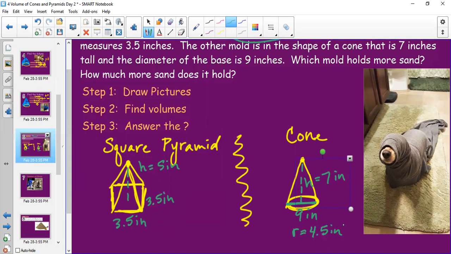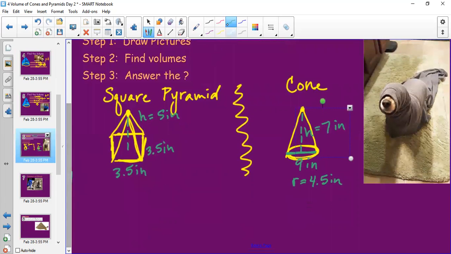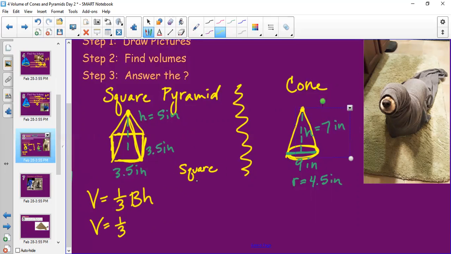Okay, it says which mold holds more sand? Well, since we're talking about filling something, we're talking about volume. So we're going to find the two volumes here. We'll start with the pyramid. For a pyramid, there is only one formula, 1/3 big B H. This time we were not given the big B, so we have to find it. Since this is a square, to find the area, it is side times side.